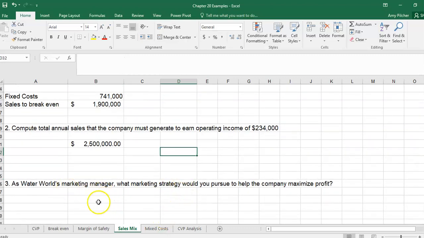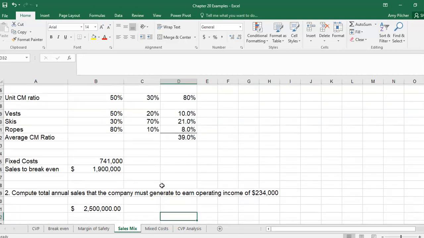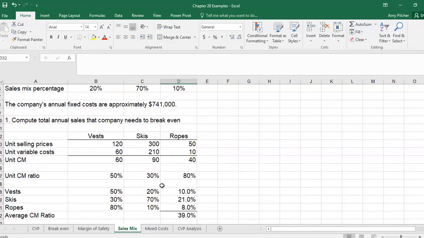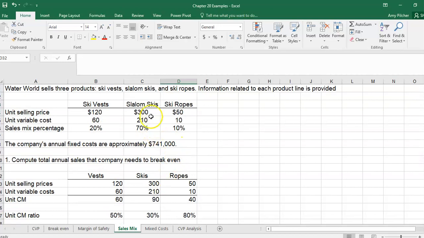The third question asks, what marketing strategy would you pursue to help the company maximize profit? If we're trying to make profit, we want to market our products with higher contribution margins over our products with lower contribution margins. When we look at our current product mix, we see that skis are 70% of our total sales.